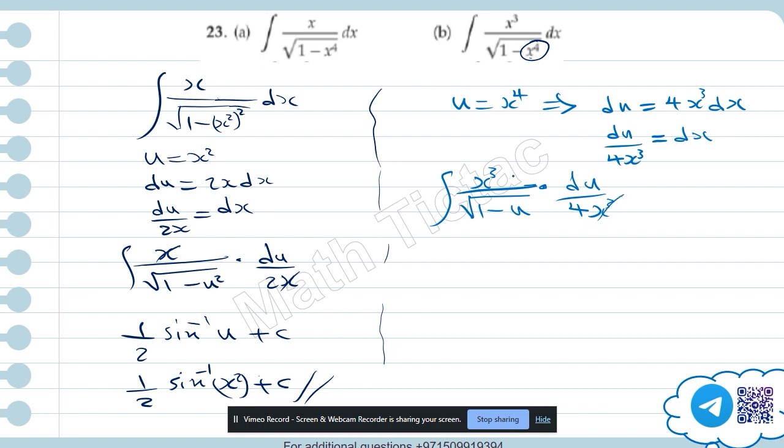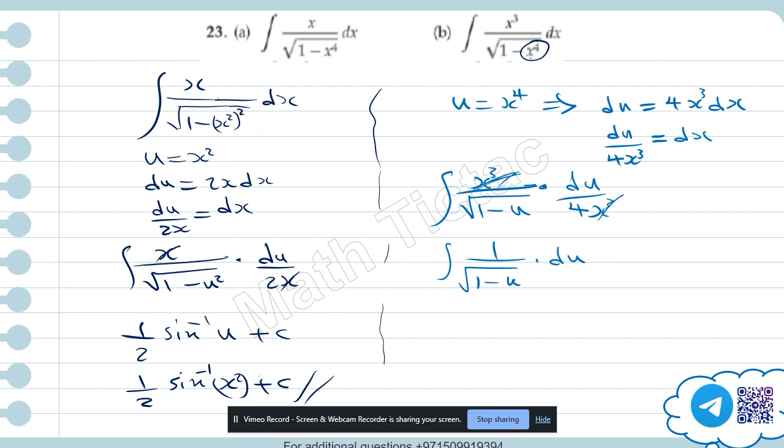So x cubed with x cubed is eliminated, right? So what to do to solve the question? In here we have the integration of 1 over square root of 1 minus u du.